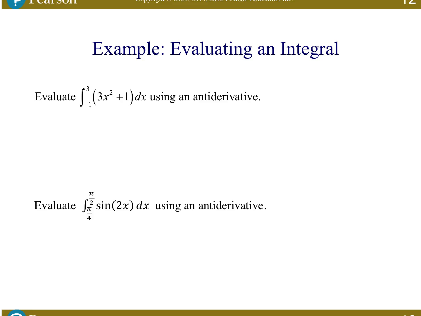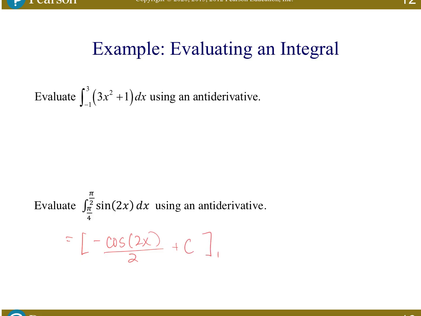But because of the antiderivative for chain rule, we'll be dividing by 2. So the antiderivative of sine is negative cosine 2x. And then we have to remember to divide by 2. You can always check your work by retaking the derivative and applying the normal chain rule and seeing if it turns out to be the right thing.